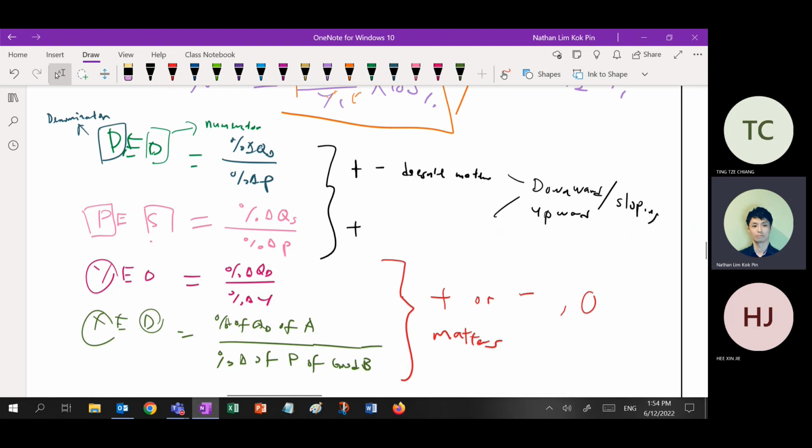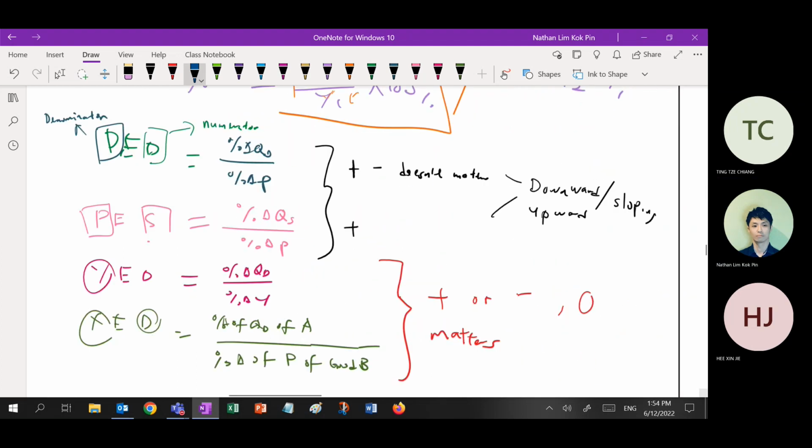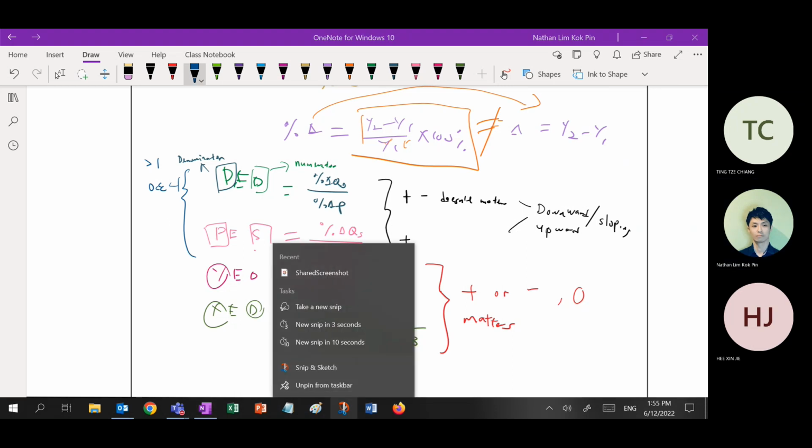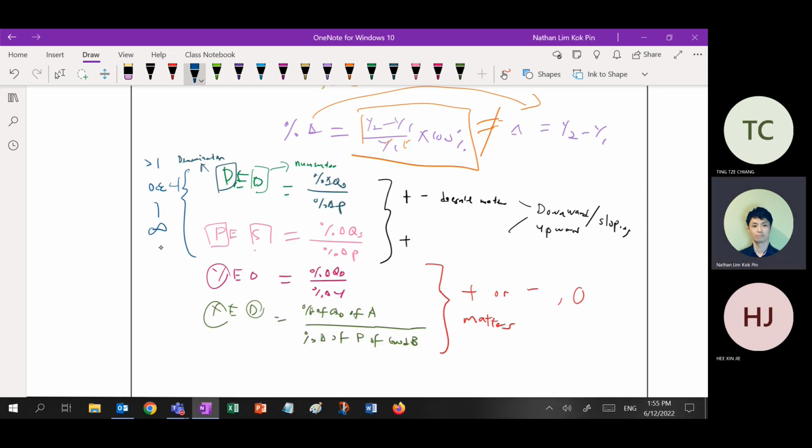For PED and PES, you need to know the 5 values: greater than 1, between 0 and 1, 1, infinite, and 0.